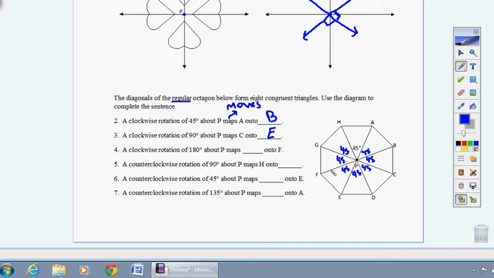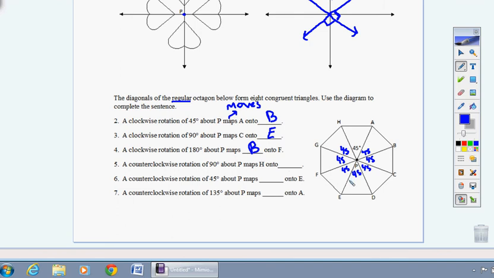We'll go 45, 45, that's 90, and then 135 and 180. So if we rotate point F 180 degrees backwards, we'll end up on point B. So if I rotate point B clockwise 180 degrees, I'll end up on point F, which is what number 4 is asking.